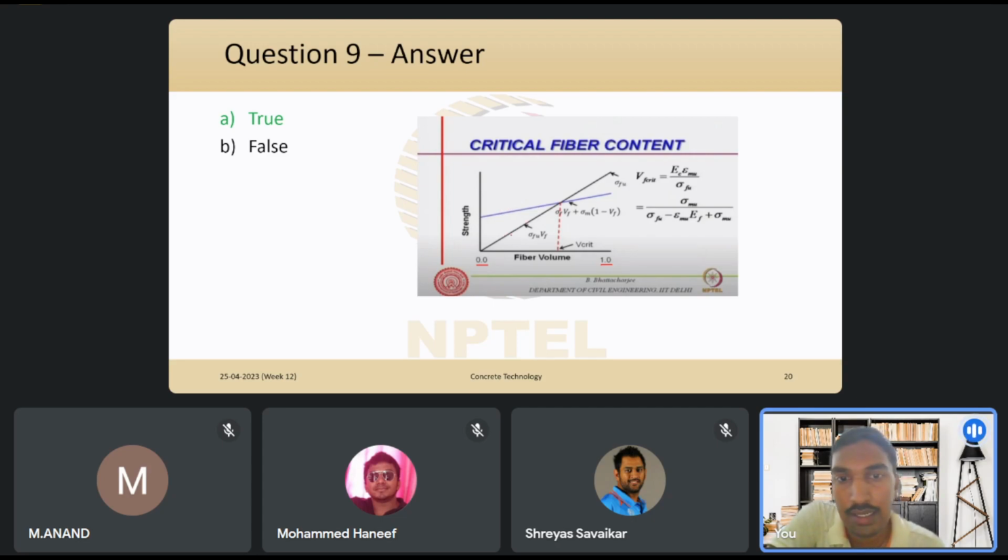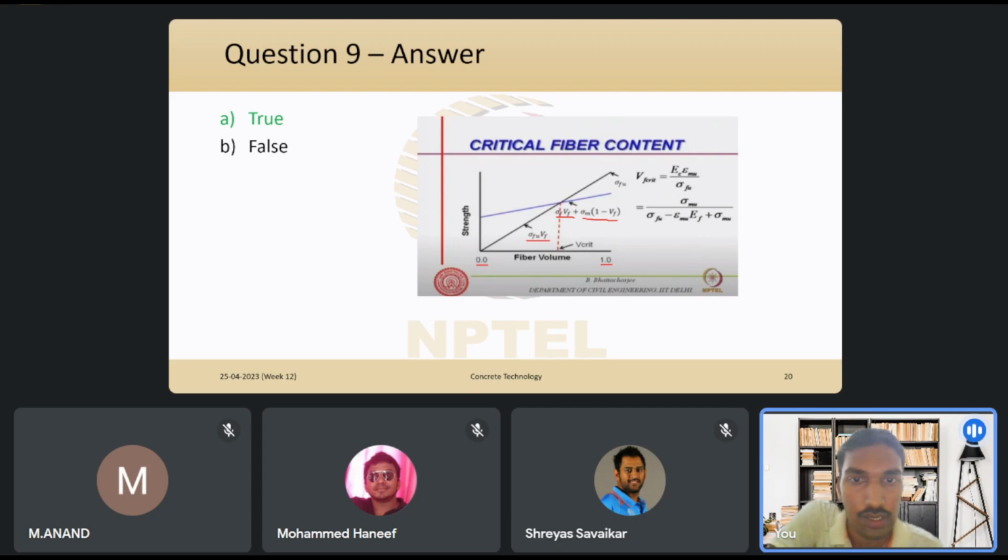And this black line represents only fiber. The load carried, or the strength, is the stress multiplied by the volume. In the blue line you have both fiber as well as mortar, so it is the load carried by the fiber and the load carried by the mortar.